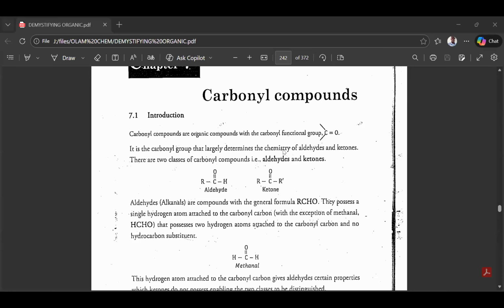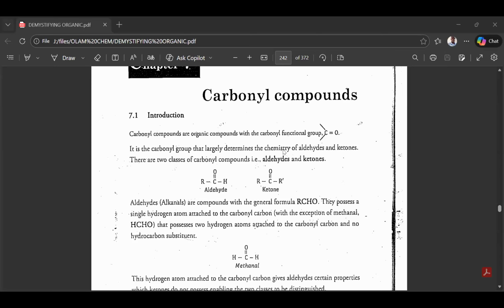How do aldehydes differ from ketones? Now, the carbonyl compounds, that's the ketones and aldehydes, both have the carbonyl group because they are carbonyl compounds.